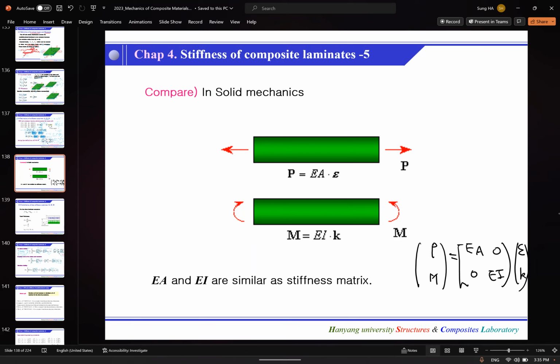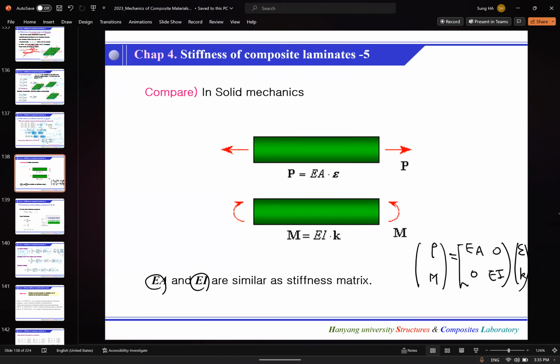Okay, we like to represent this relation with a matrix and vector form. It's not a vector, but I would just call them a vector. And EA and EI are the stiffness.